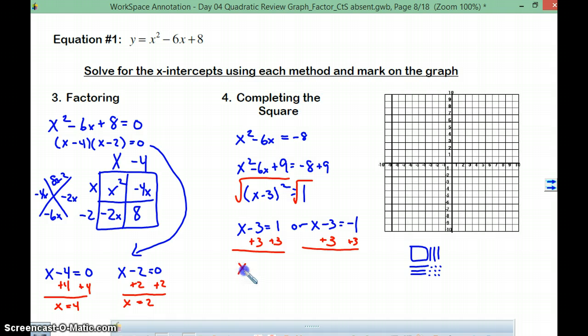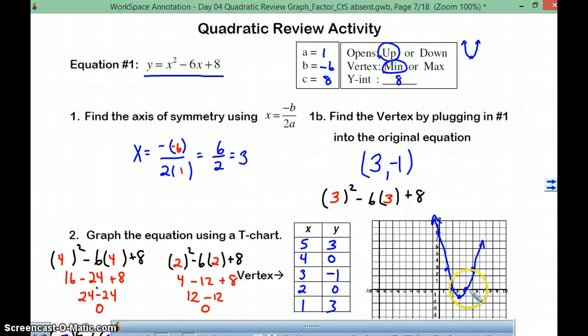I end up with x equals 4 or x equals 2. Same answer. We need to mark them on the graph. Let's do it. x equals 4, x equals 2.